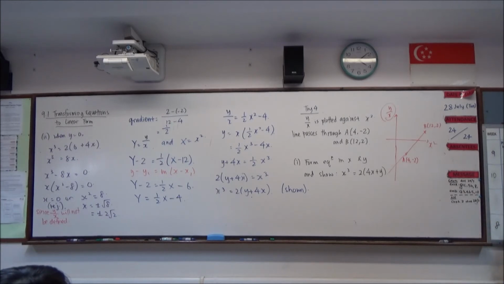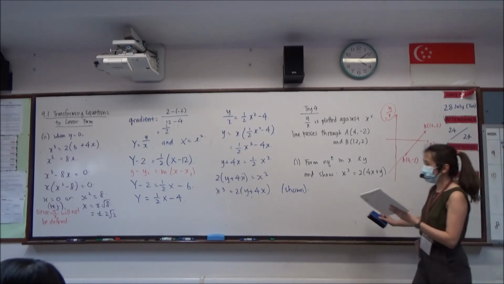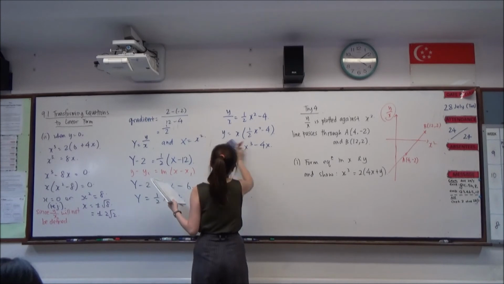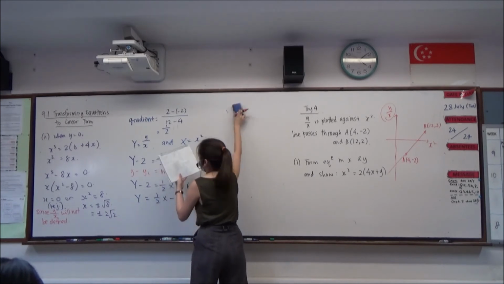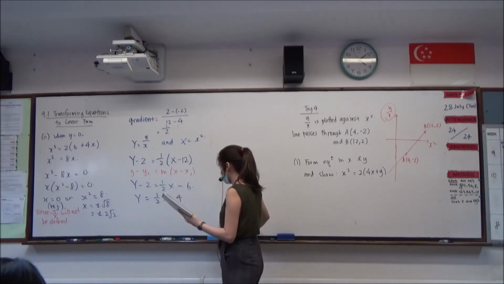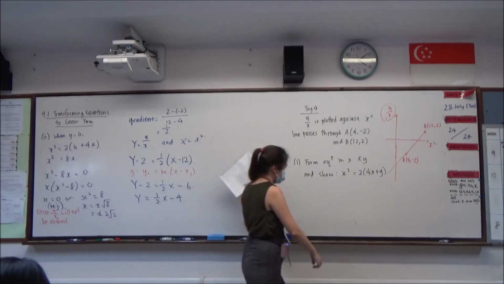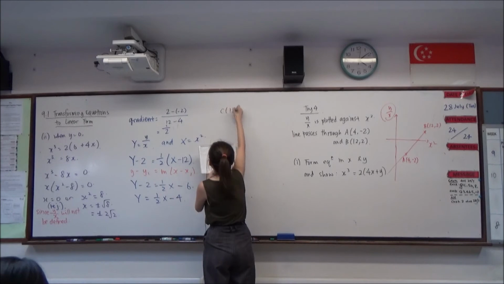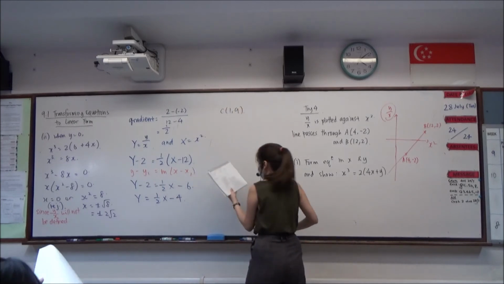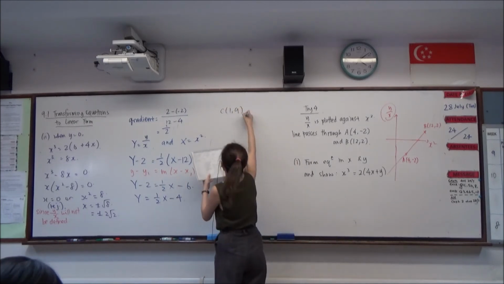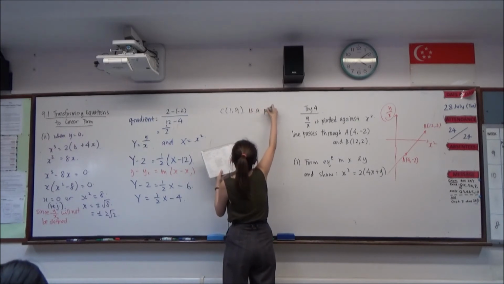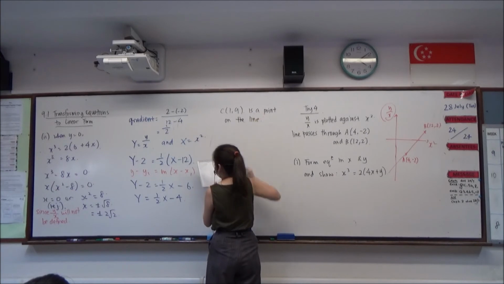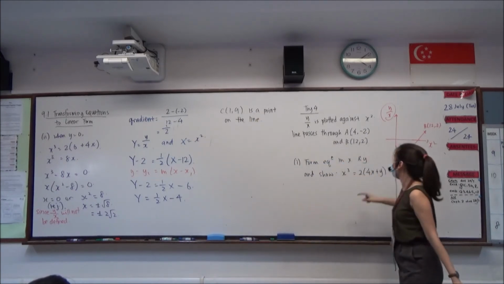Right, part 3. For part 3, there's an error in the question. It gives you this point 1, 9, point C, and it says that it is a point on the line.